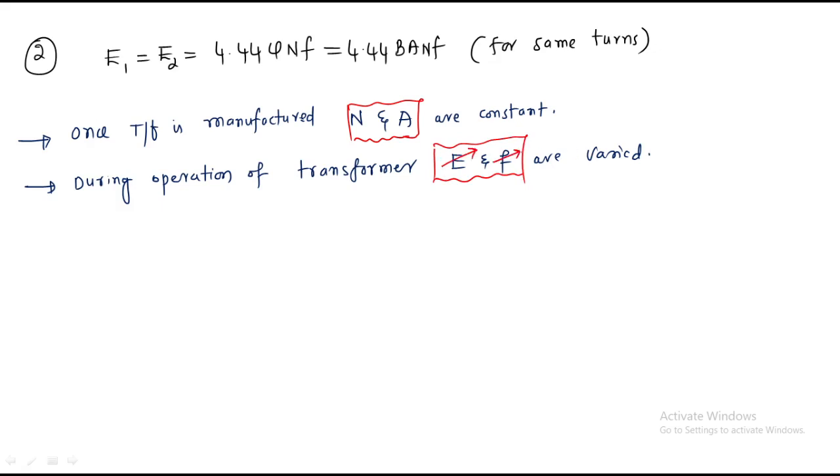So the number of turns and area are constant, and the remaining terms are flux density and frequency.